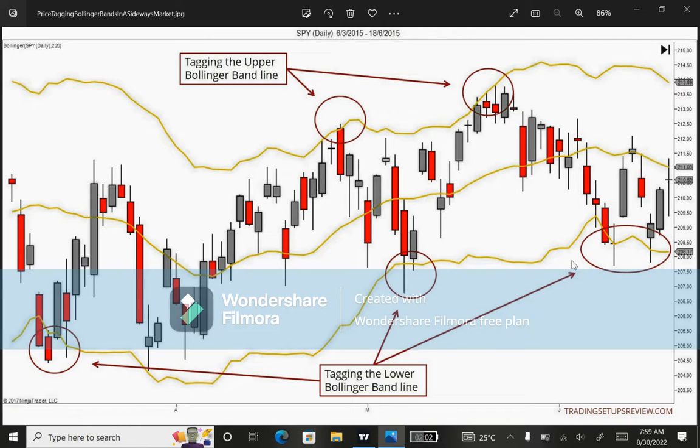I actually trade Bollinger Band as a reversal indicator, so that when it touches the lower band, I'm expecting it to bounce back up. When it touches the upper band, I'm expecting it to bounce down. Okay, so it just continues like that.